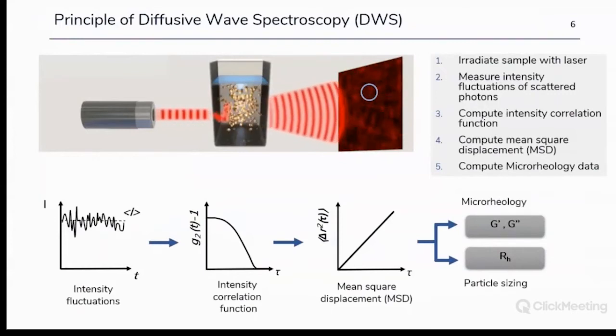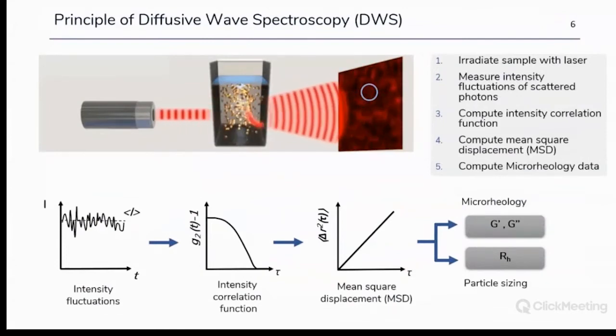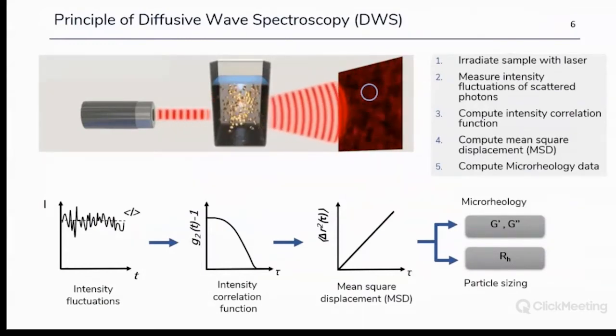These particles might be part of the microstructure or can be added in case there is not enough signal. We are shining a laser on the sample. Each particle will then rescatter these photons, so each photon emitted by the laser will jump on many particles until it reaches a detector.